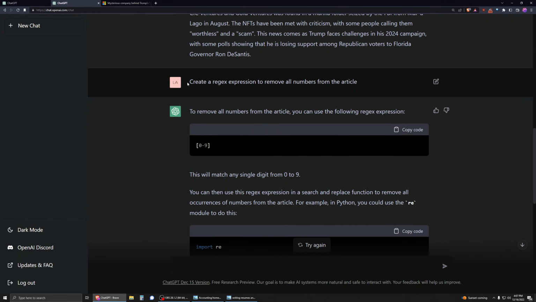Oh, I guess it's really good at generating code, especially regex. It's very useful for regex.